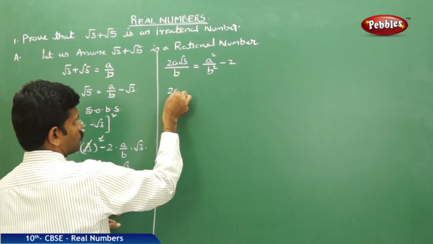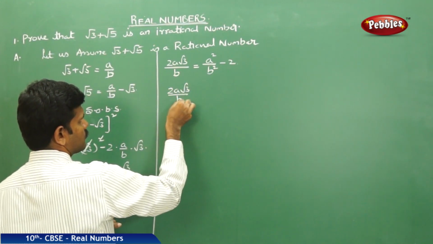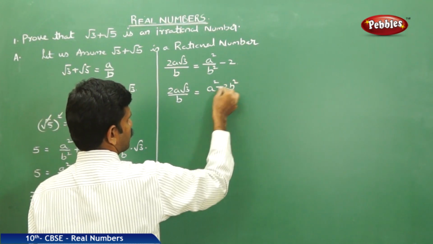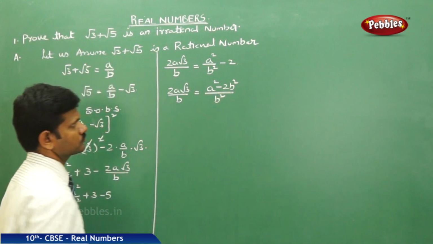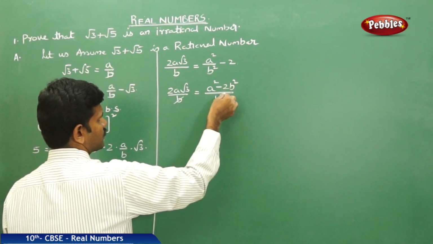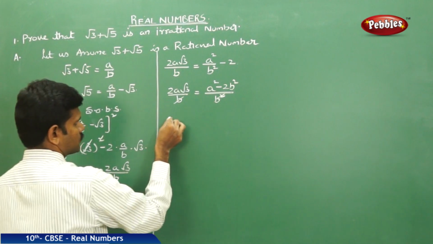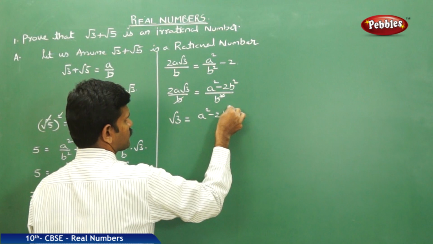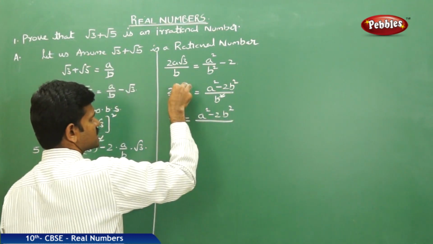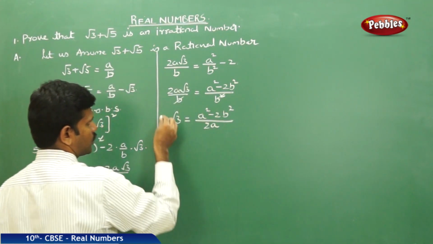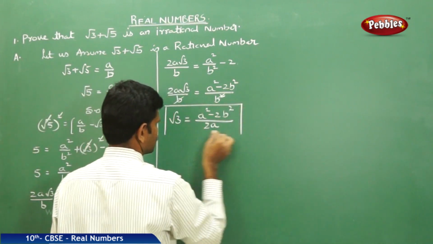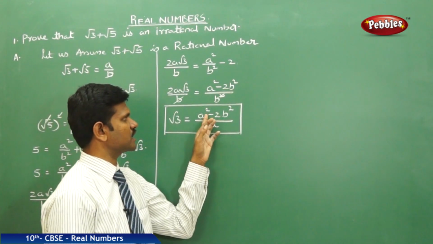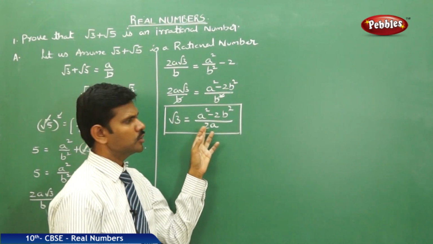So 2a root 3 by b is equal to a square minus 2b square by b square. Now b square gets cancelled, therefore root 3 is equal to a square minus 2b square by 2a. The multiple crosses to the other side and becomes division, so root 3 is separated.